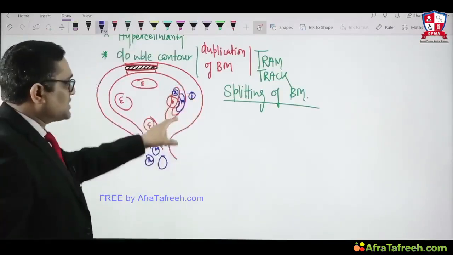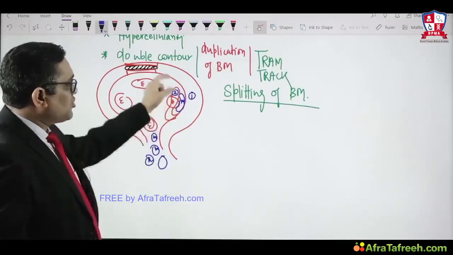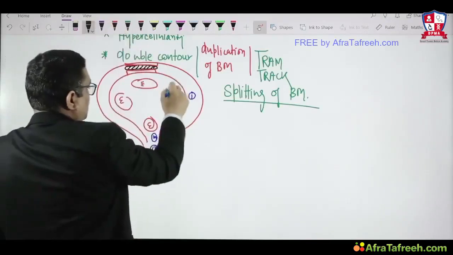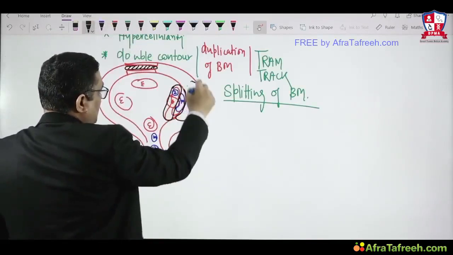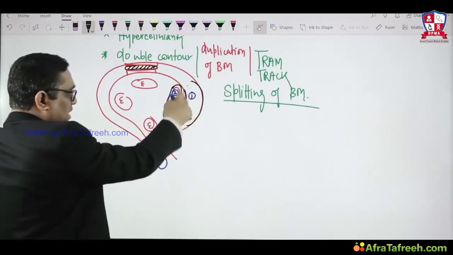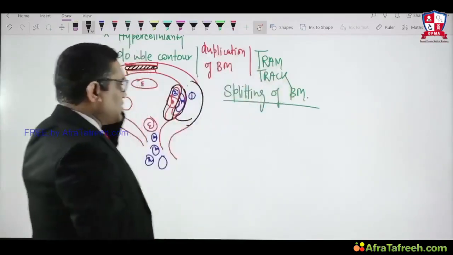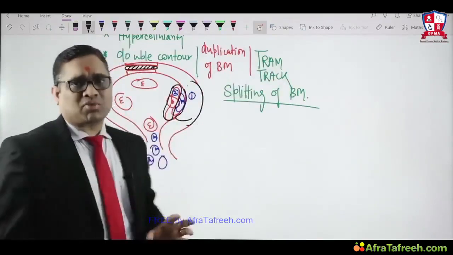So because of the mesangial cell interposition also there is a duplication. You will notice that there are two tracks, this is one track and this is another track because of the mesangial cell interposition. That is why it is called tram track appearance. So these are the various reasons for all these things. That's the point we have to keep in mind.